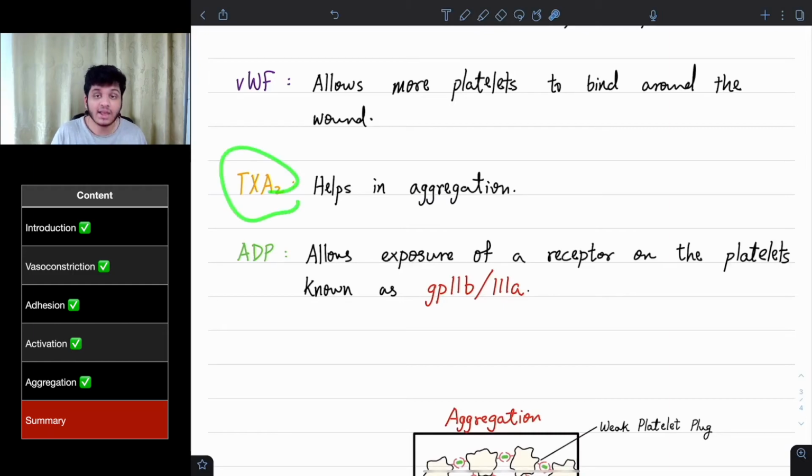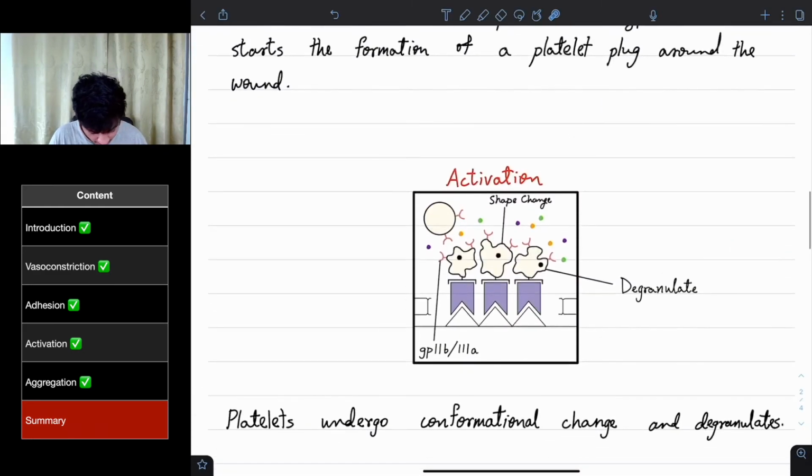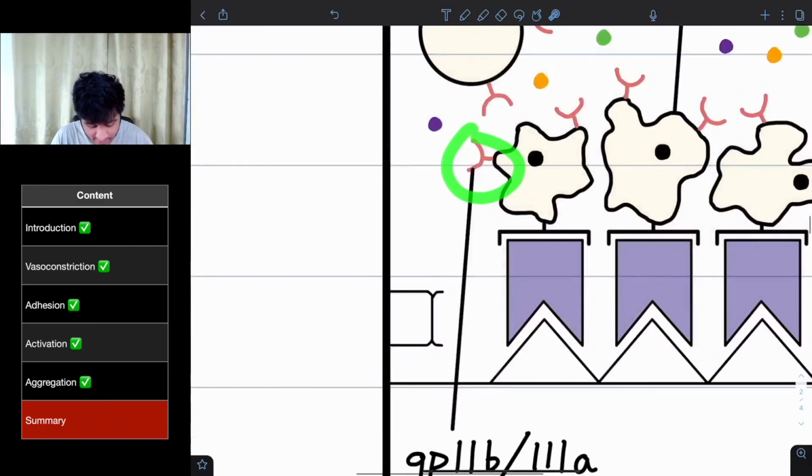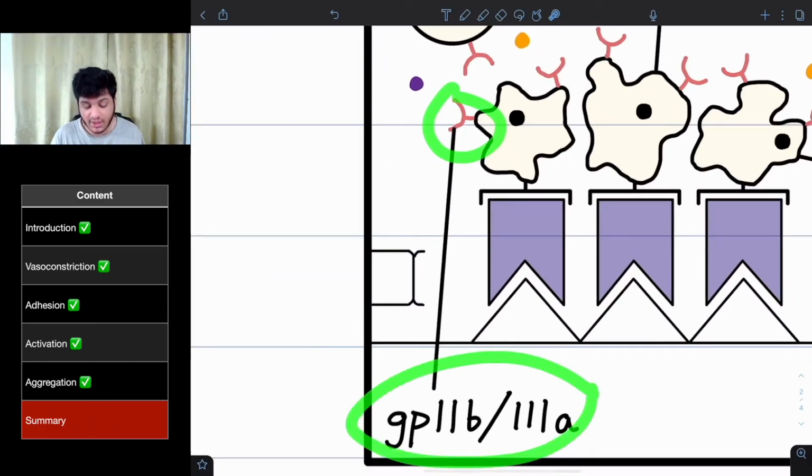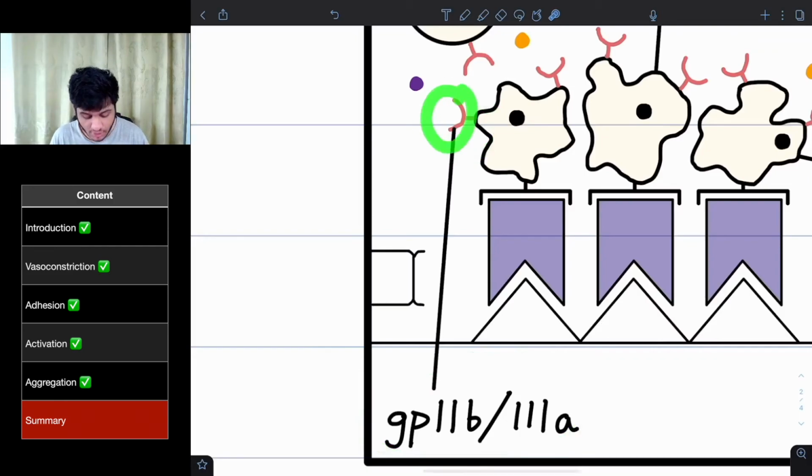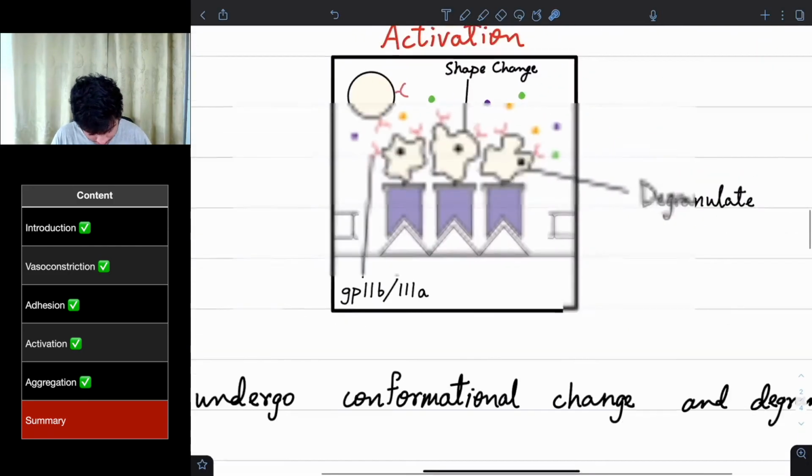It contains thromboxane A2, which helps in aggregation, and it contains ADP, adenosine diphosphate, which allows the exposure of a receptor on the platelets known as GP2B3A, okay? And this is that receptor. This GP2B3A, because of ADP, gets exposed into the blood.